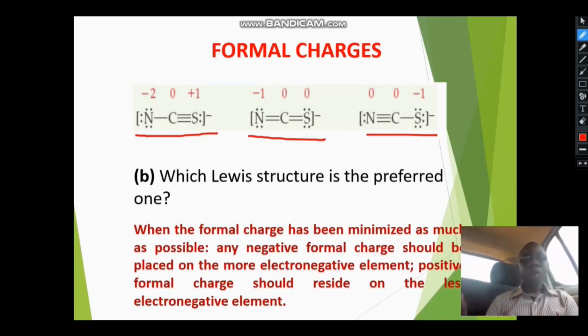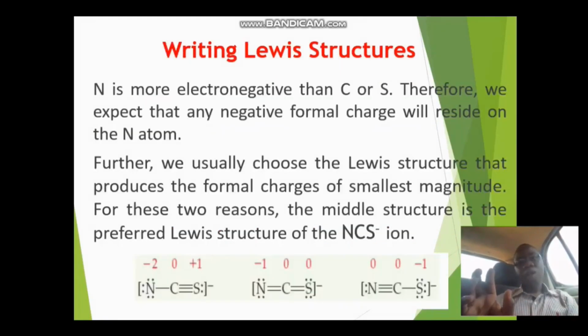What guides us is that any negative formal charge in the molecule should be assigned to the more electronegative element, while a positive formal charge should be assigned to a less electronegative element. Among the atoms we have, nitrogen is the more electronegative, so we expect that the negative charge should be assigned to nitrogen.